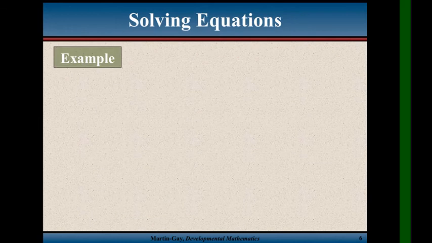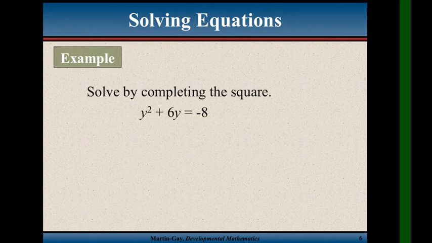Okay, to understand it better, let's have this example. Solve by completing the square: y squared plus 6y equals negative 8. We have y squared plus 6y plus 9 equals negative 8 plus 9. Where did I get 9?